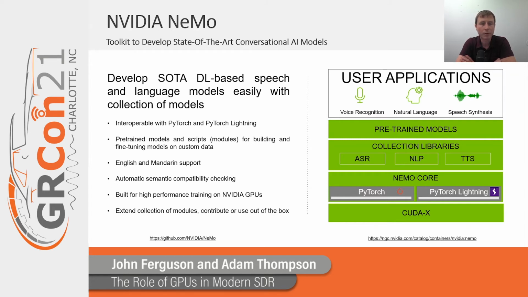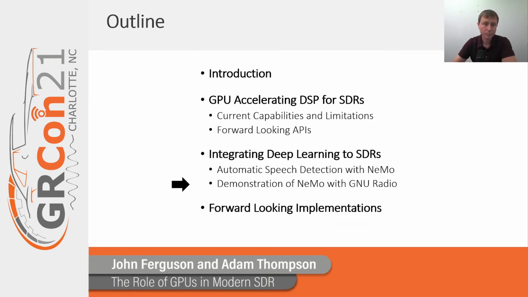It contains libraries for ASR, NLP, and TTS, but very importantly, it has a lot of pre-trained models. That means you don't really have to train a whole bunch of models on your own. It works pretty well out of the box for voice recognition, natural language processing, or speech synthesis.